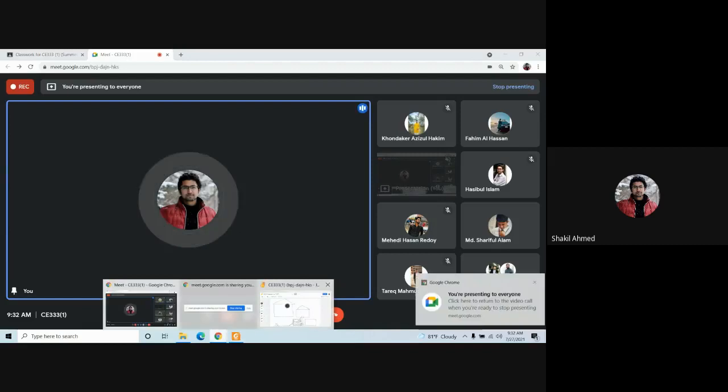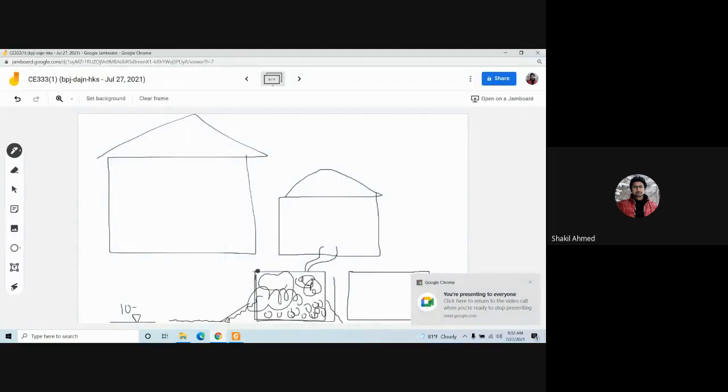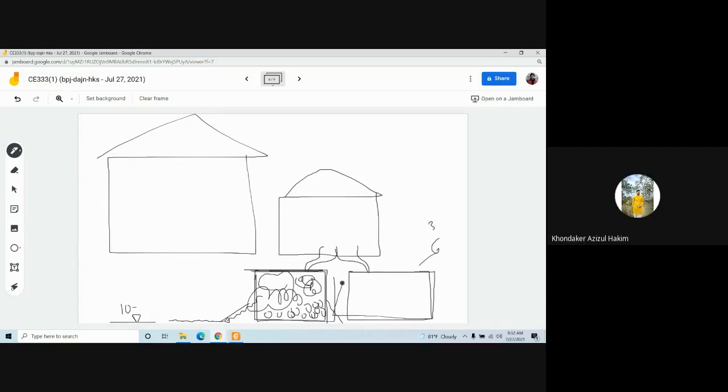When this pit is filled, what would you do? That's the question. How would you use the toilet? You close it, and then you use the other pit when the first is filled. Are you following me? After 6 months or 3 months, this pit will also be filled.